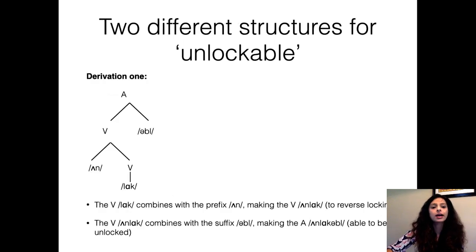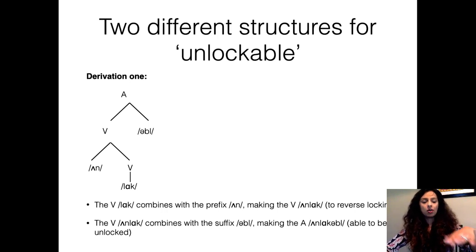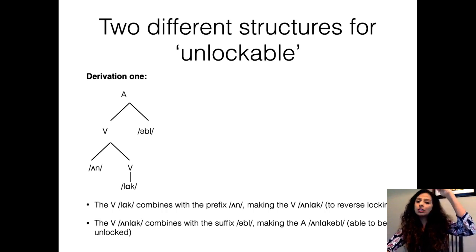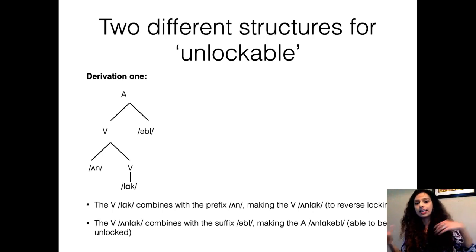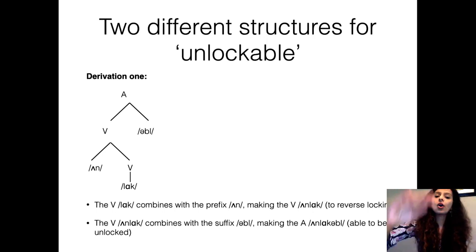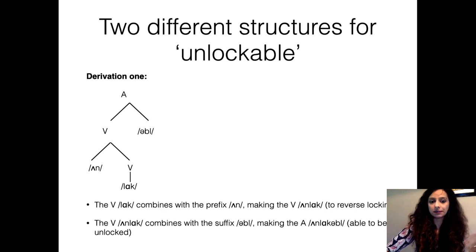I can show you this by creating two different tree structures. So in this case, you can see you start with the verb lock and then you attach un onto it, which is a prefix, and you still get a verb. And what able is looking for is a verb, and therefore you can take able, put it to unlock, and then you can get an adjective.